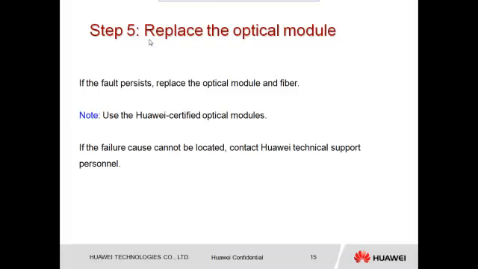So for Huawei switches and Huawei routers that want to connect with each other, we suggest using Huawei certified optical modules. And if the failure cause cannot be located, we need to contact Huawei technical support personnel.